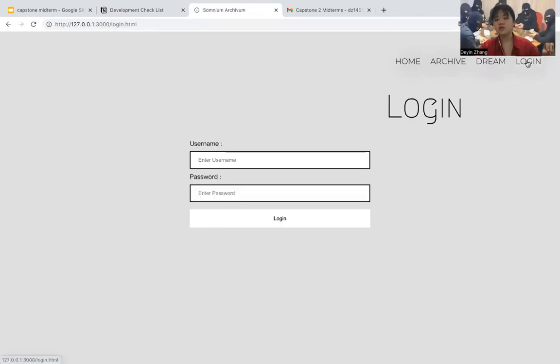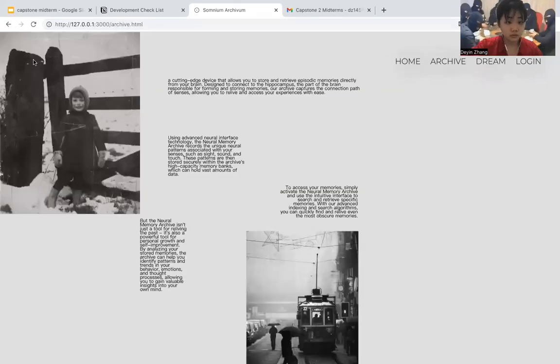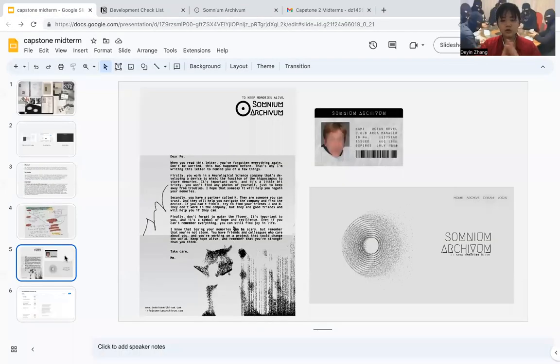This page is not developed yet, but there will be a test. The user can input the information that they find from the website, and then there will also be a login page that leads to a secret page that the user finds. So this is pretty much what the website has. And this is what I've developed so far.